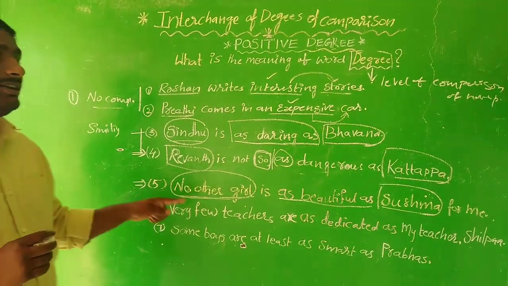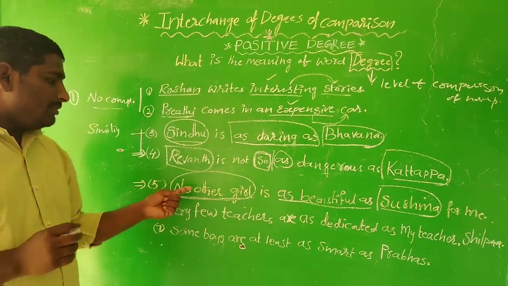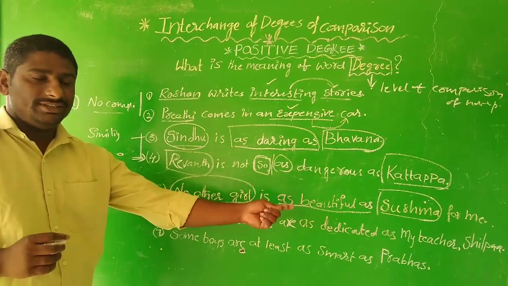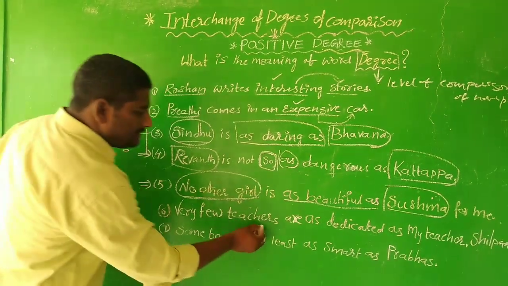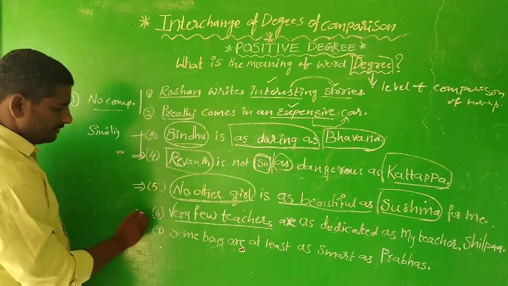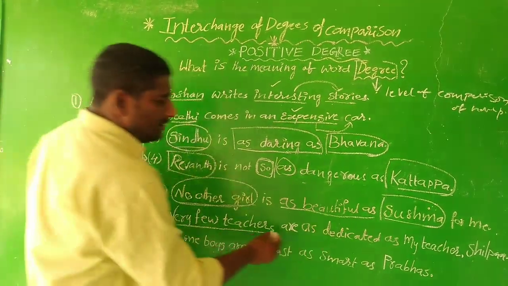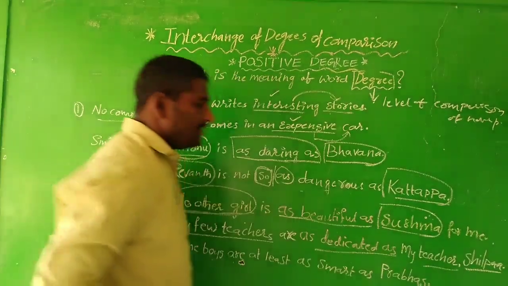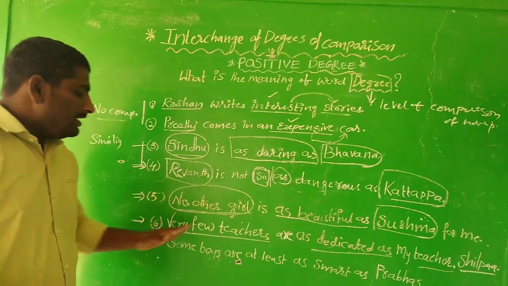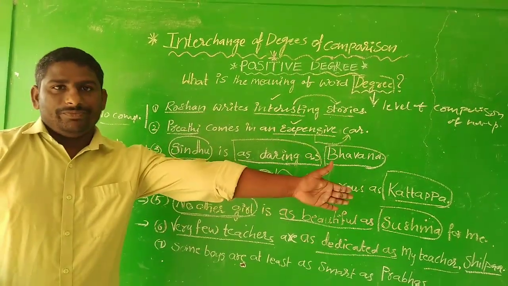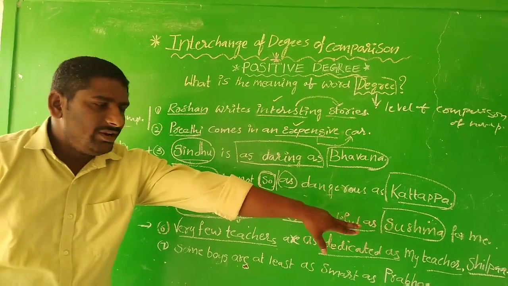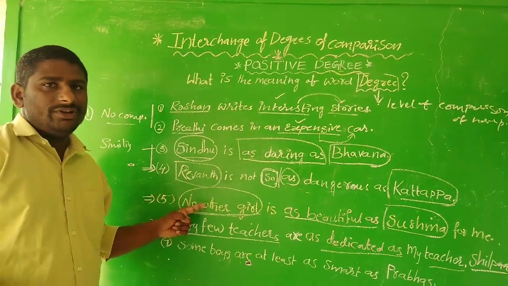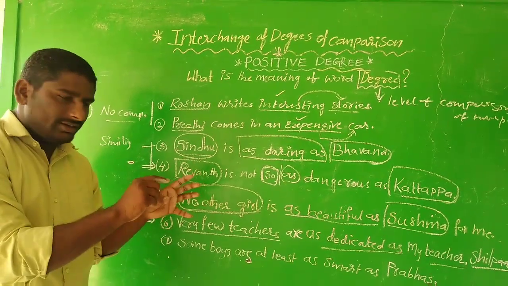In the sixth sentence, very few teachers are as dedicated as my teacher Shilpa. Here very few teachers are compared with Shilpa, so again it is a group of people and an individual.